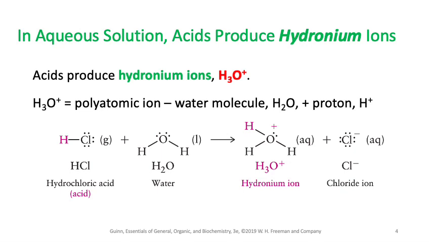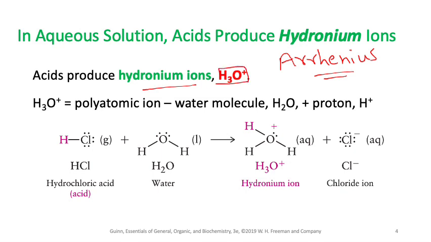Now let's start with the definition of acid and base. The first definition of acid and base was given by a scientist called Arrhenius. According to this chemist, the definition of an acid is that whenever you dissolve an acid in water, it always produces a hydronium ion, H3O+.